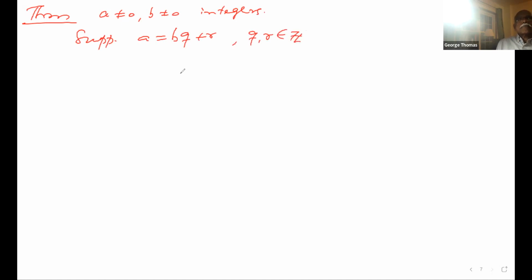Suppose you have two integers, A not equal to 0, B not equal to 0. We are not saying they are positive. Suppose A equals BQ plus R, where Q and R are contained in Z. What does this denote?